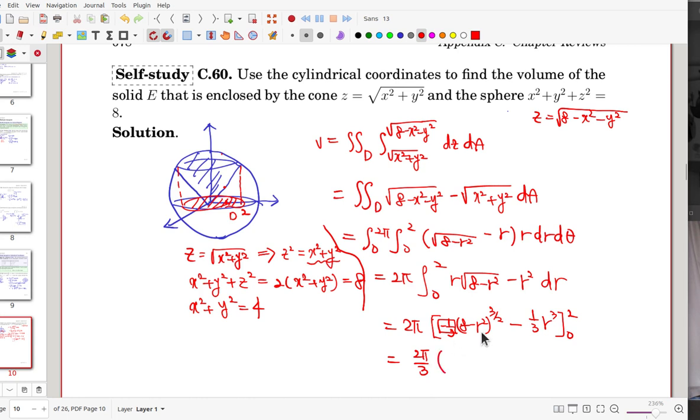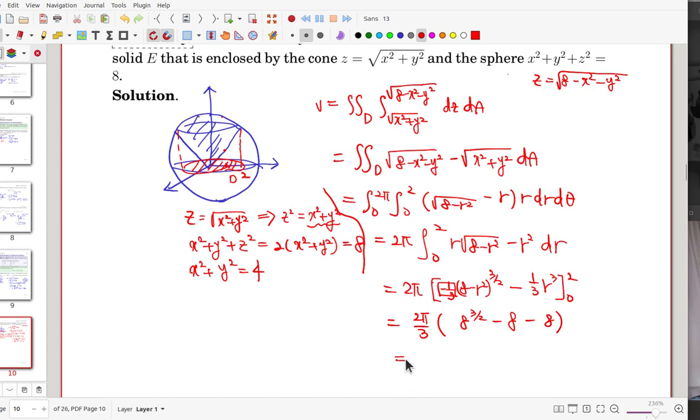Along with that negation, first try 0: 8 to the 3 over 2, then for r equal 2, 4 to the 3 over 2 is 8, so that is minus 8. The second term is again 8, with the 1/3 already gone.